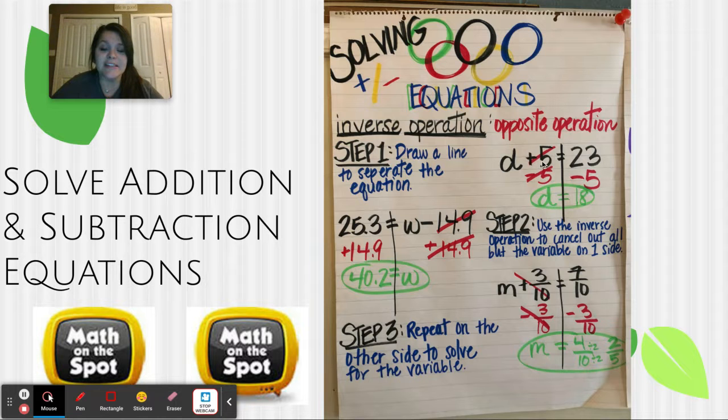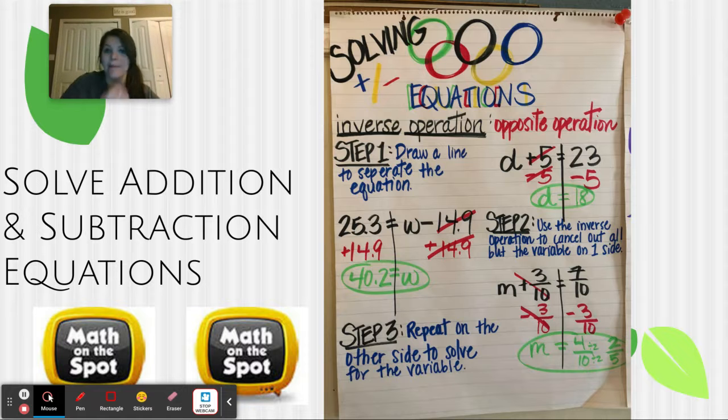So it says d plus 5 equals 23. So I need to get rid of this plus 5 in order to just have d left on the left-hand side. So since they're adding 5, I have to do the inverse operation, which is the opposite, and subtract 5, which I did right here with my red marker.